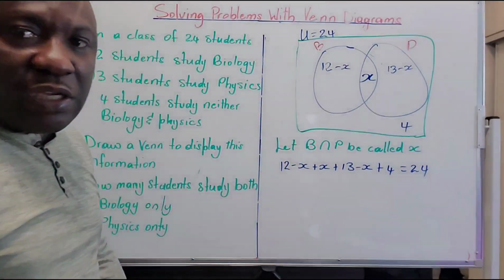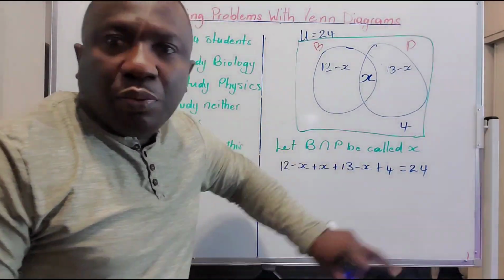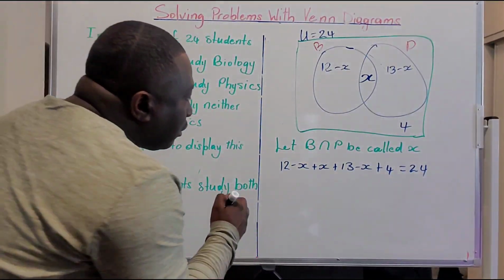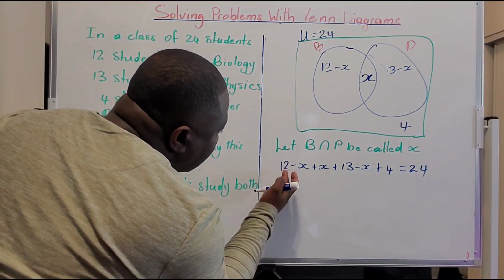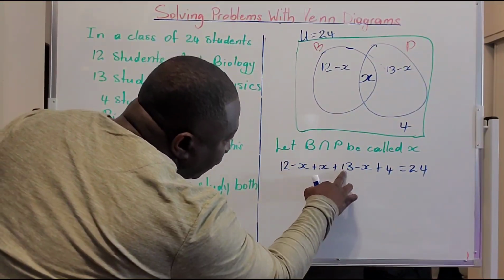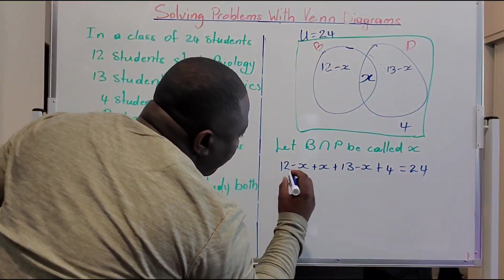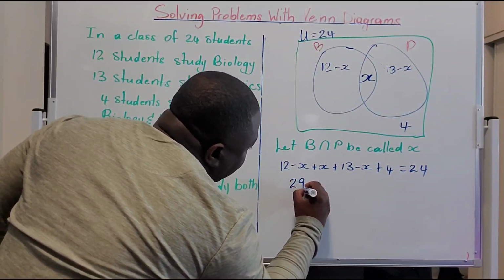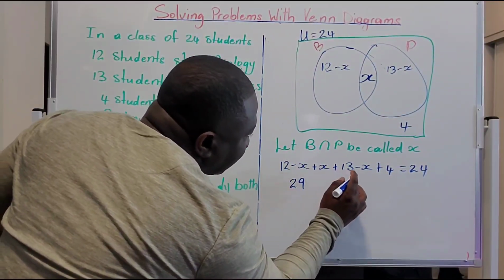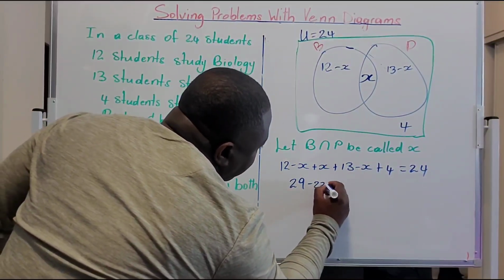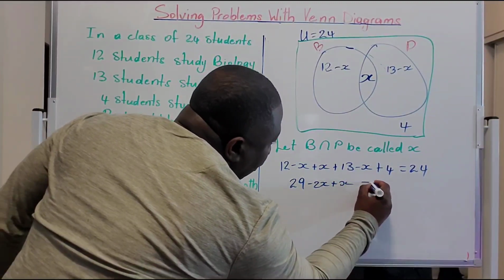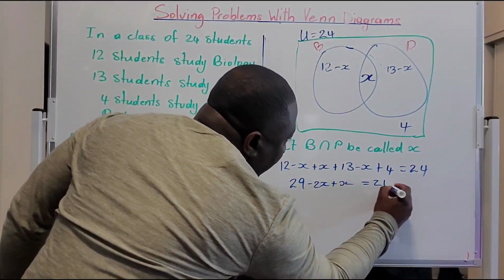The universal set or the total amount being 24. Hence, what we'll do is to add our values. 12 plus 13 will give us 25, plus 4 will give us 29. Negative X and negative X will give us negative 2X plus X is all equal to 24.